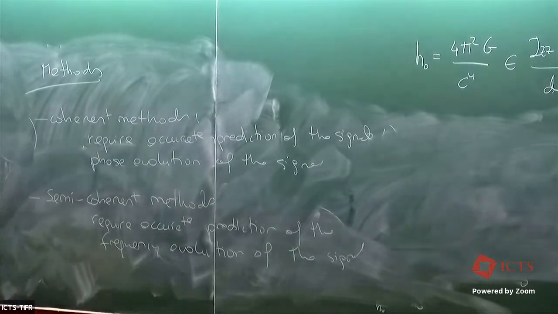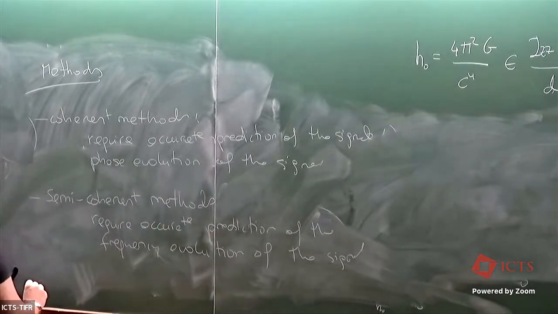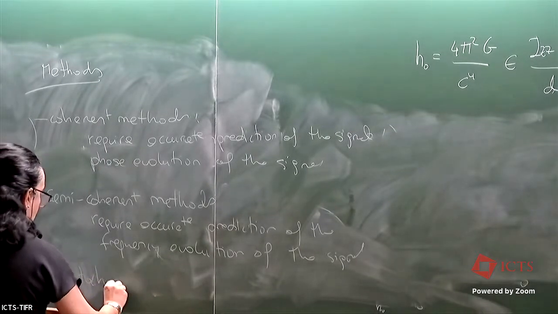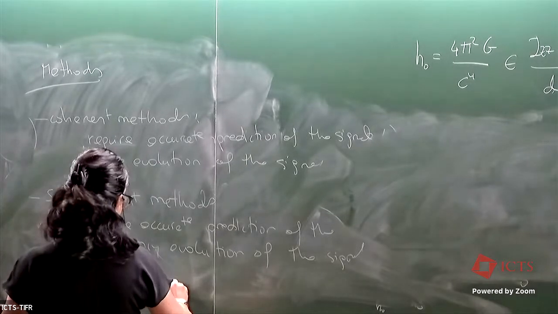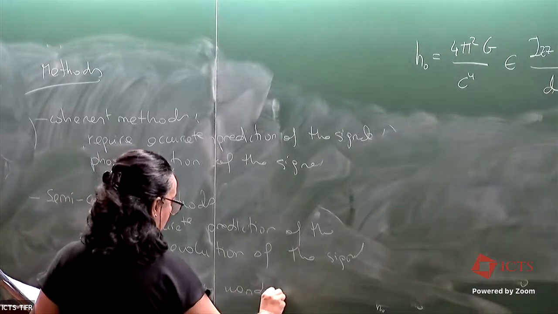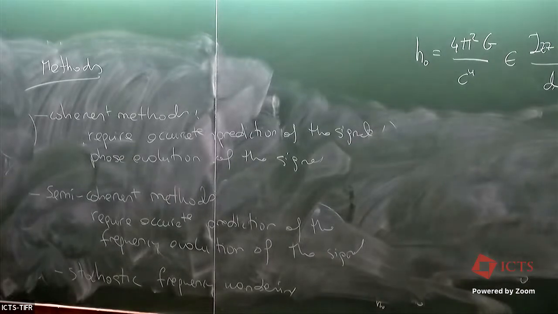There could also be other alternative methods that, if I have time, I will also mention, that consider stochastic frequency wandering of the frequency of the signal that can account for other things.